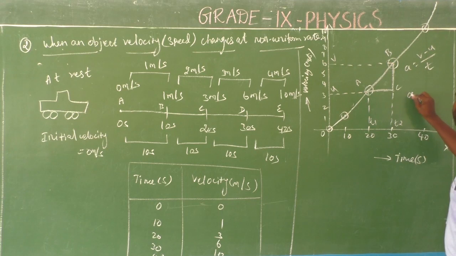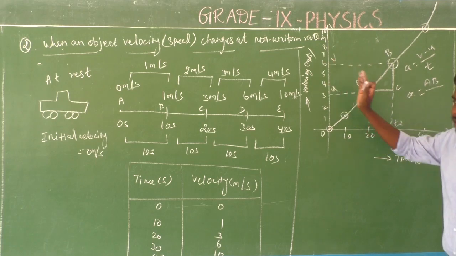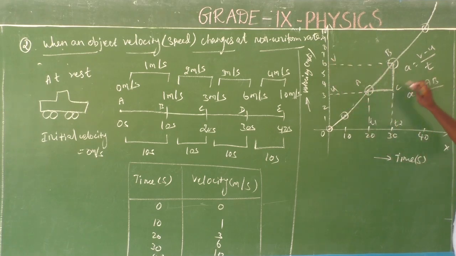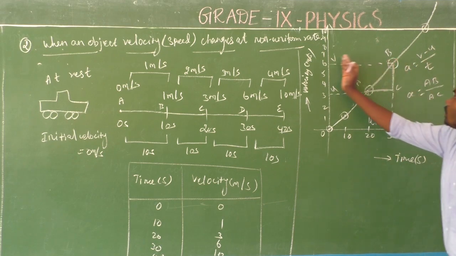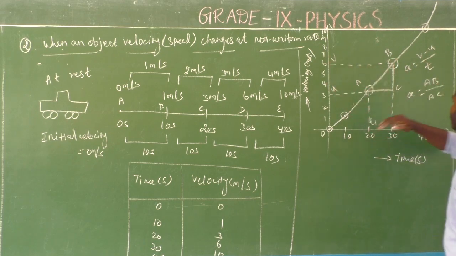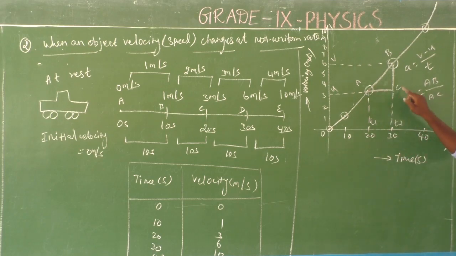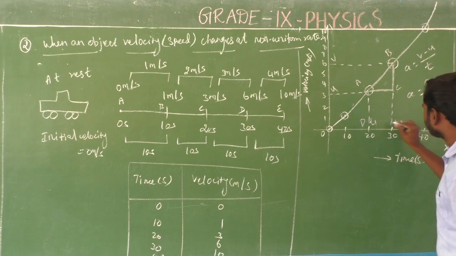So we can write acceleration is equal to the slope AB, which is velocity, and next, time is AC. So acceleration is equal to AB divided by AC, where AB is velocity and AC is time. This one is DE.